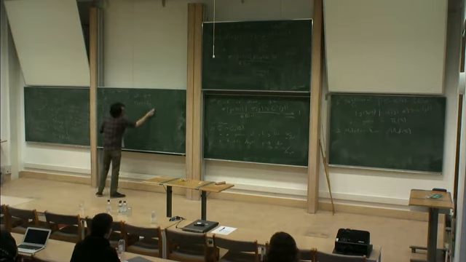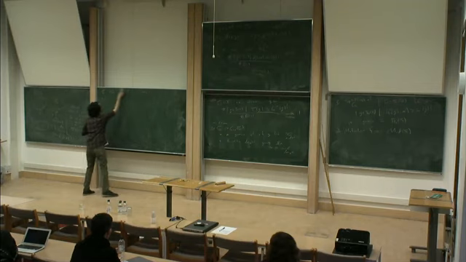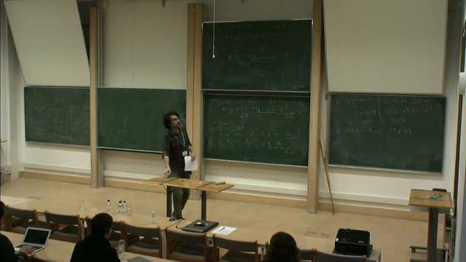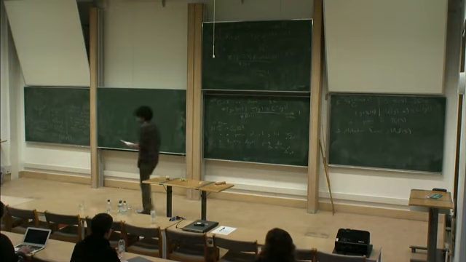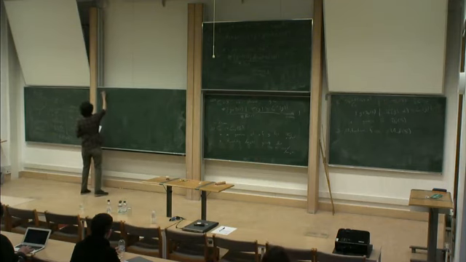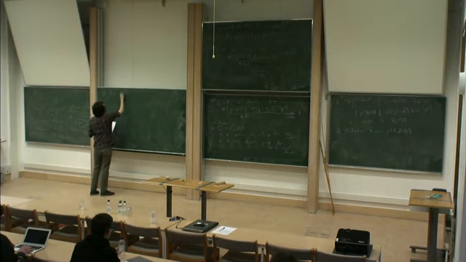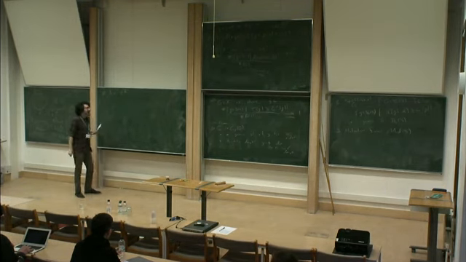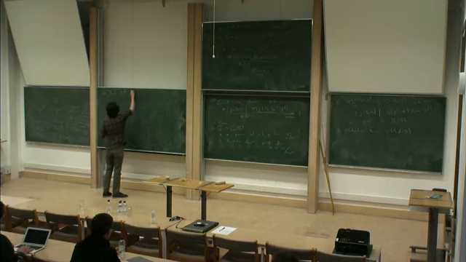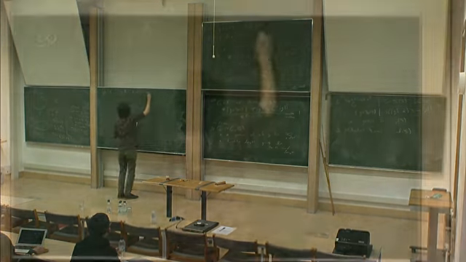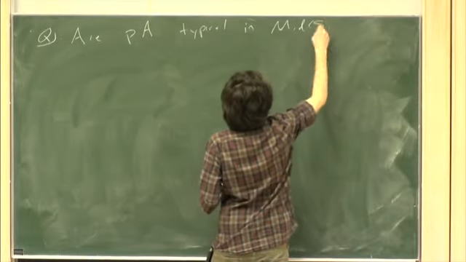And the question is simply, are pseudo-Anosovs, which I'll denote PA, typical in the mapping class group?